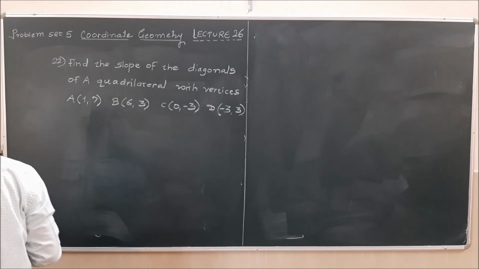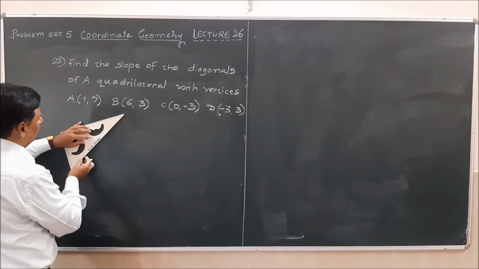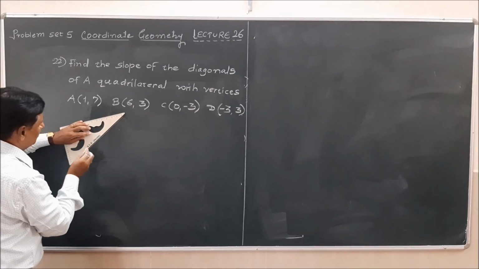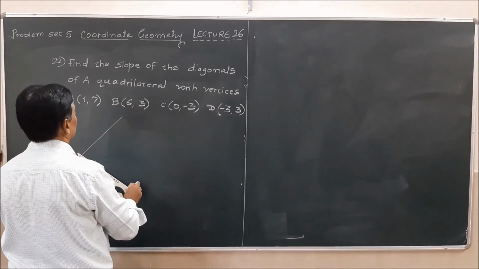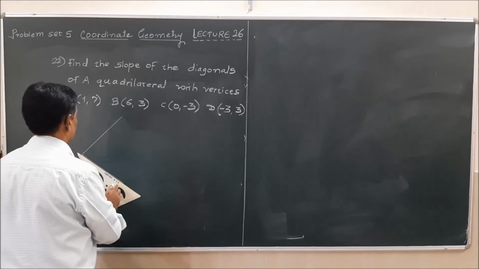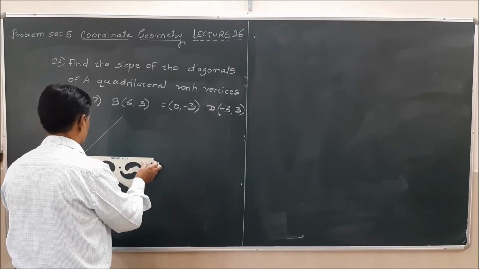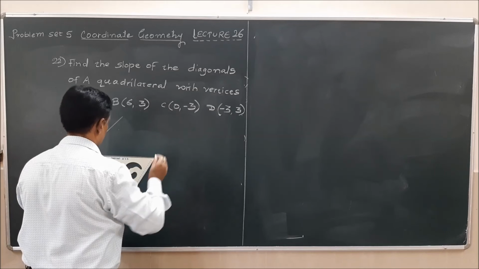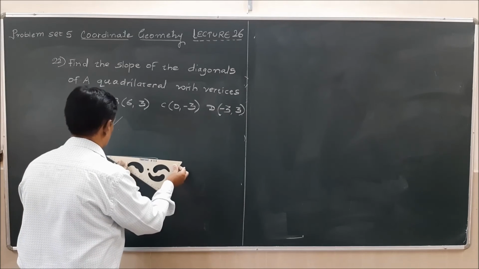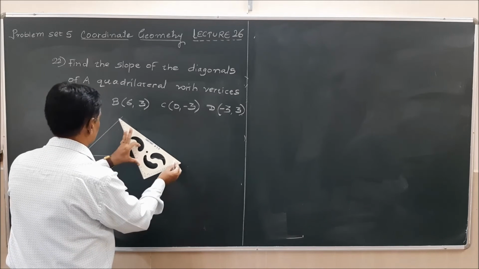So I am going to draw a figure for this. Find the slope of the diagonals. So supposing the quadrilateral is this way. ABCD is a quadrilateral.